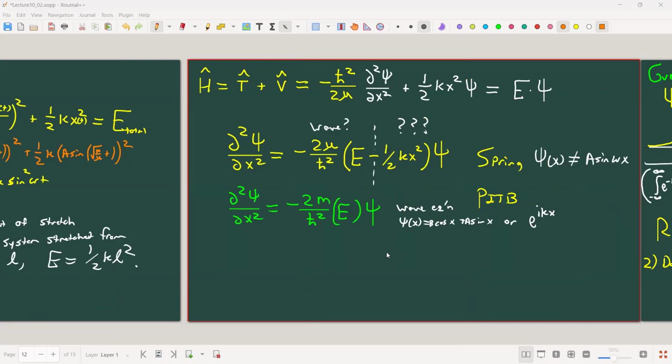And what we saw was that once you work out the math for our harmonic potential for our spring, we have a wave function for our spring and we have this equation here that says that the second derivative of the wave function with respect to position gives us some number back minus the potential energy, x squared times psi. And I identified that that's very similar to the particle in the box.